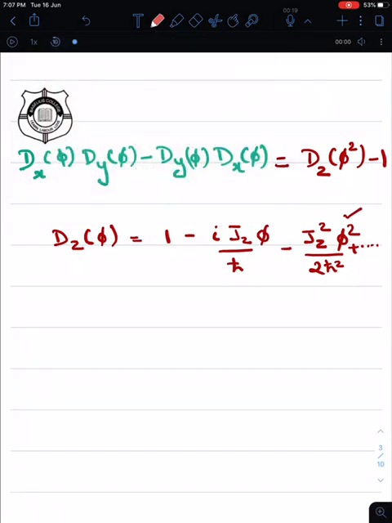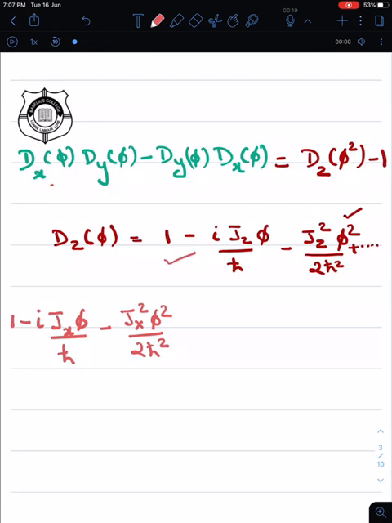Now we can write this Dx in terms of this expansion. So Dx(phi) will be 1 minus i Jx, so the x component, phi by h cross, minus Jx square phi square by 2 h cross square.